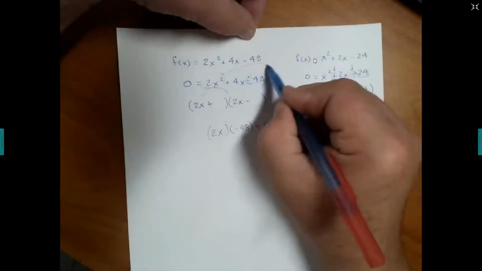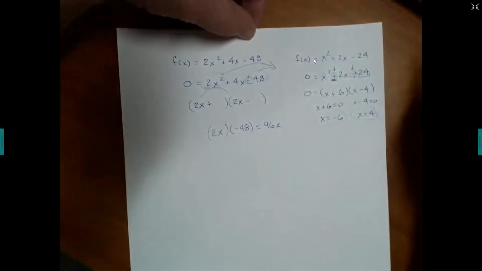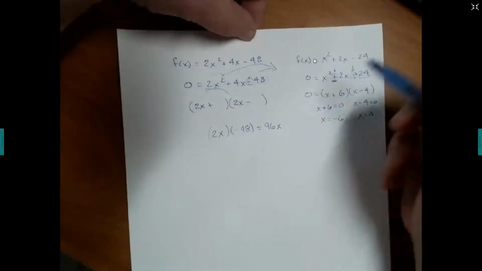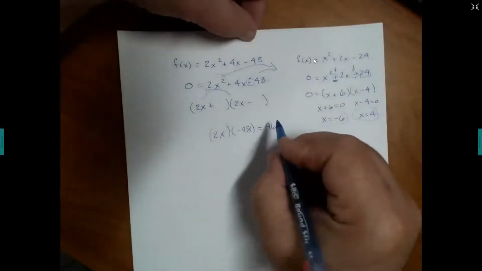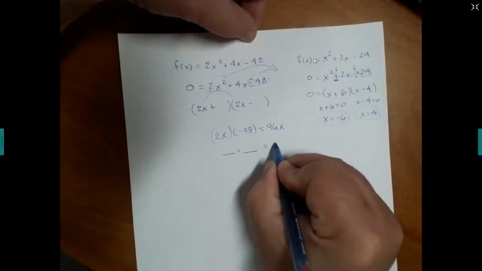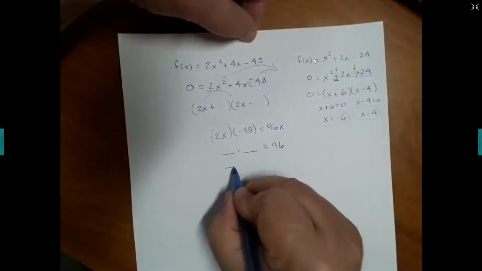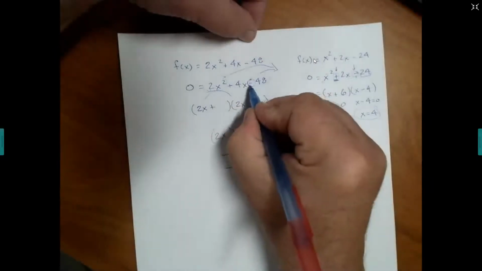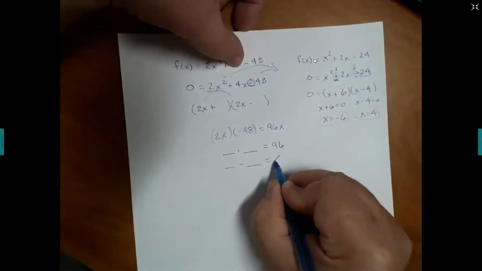So you take the first 2 terms, multiply them together. It's the numbers you're worried about, not really the x. You know the x is going to have to be there. Now we figure out what times what equals 96, because it's a minus. When you subtract them, you get 4.